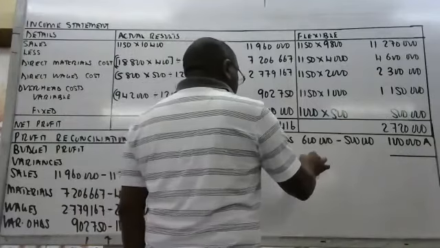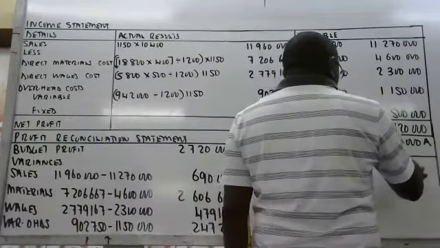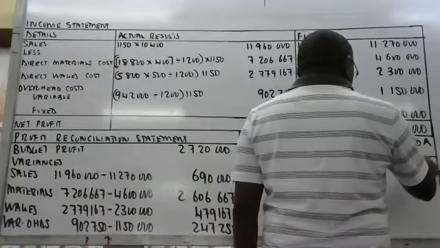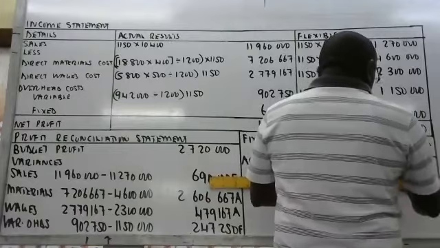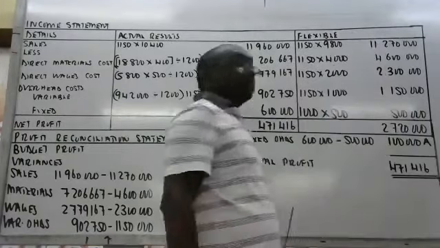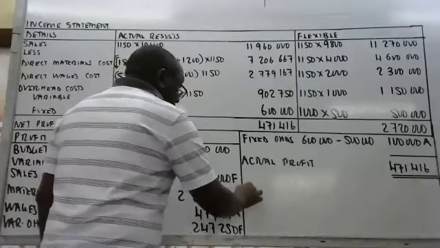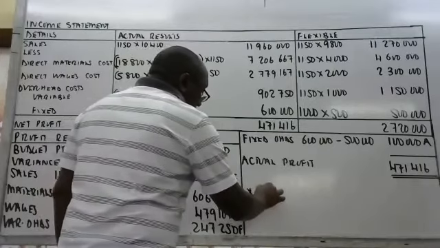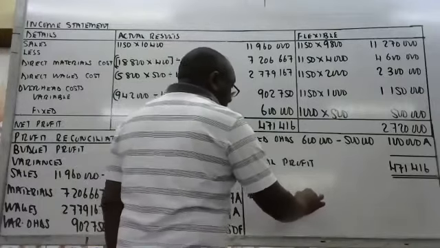The actual profit we got is 471,416. So we said what you do, you get the budget profit plus the favorable variances minus the adverse ones.